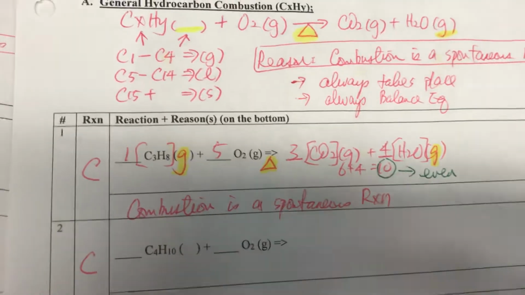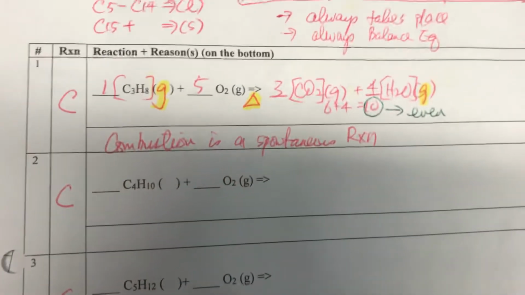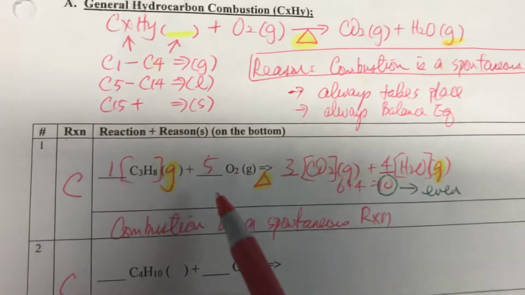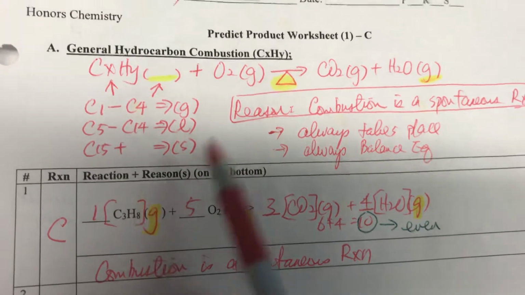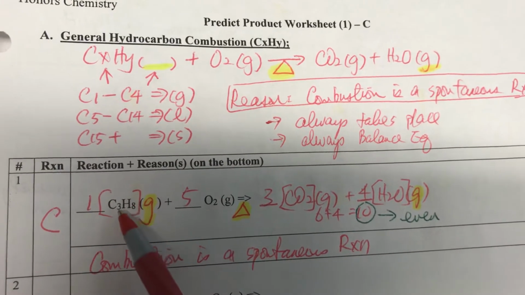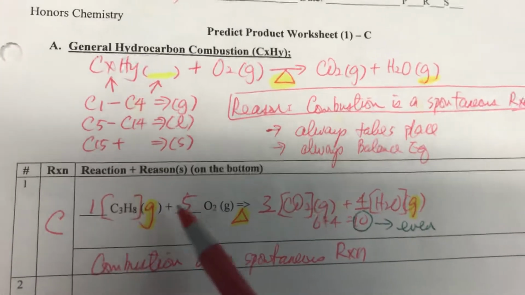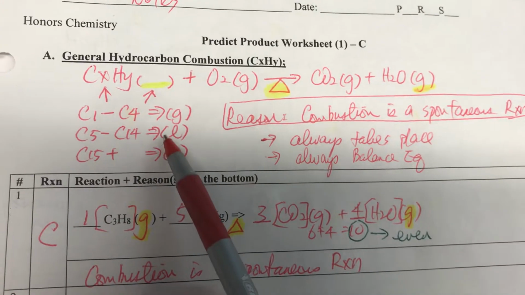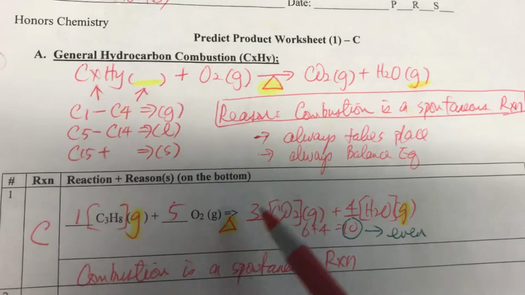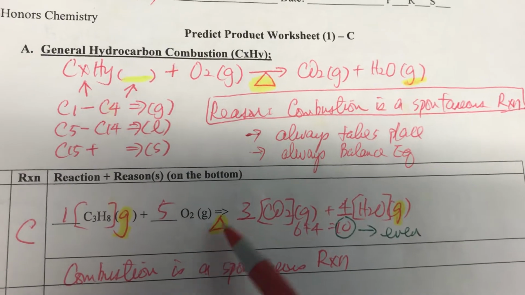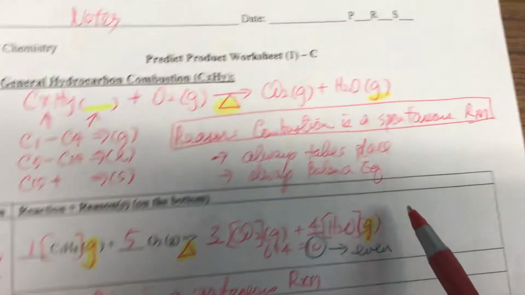Now, we just do a really general review. This is a general hydrocarbon, and the X is an odd number, so we put the 1 in front, and this is a gas because it's C1 to C4. We always have the triangle for heat, and then CO2 gas and water gas.